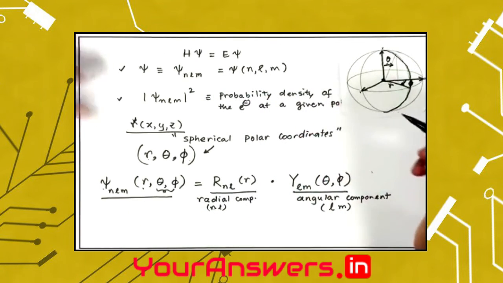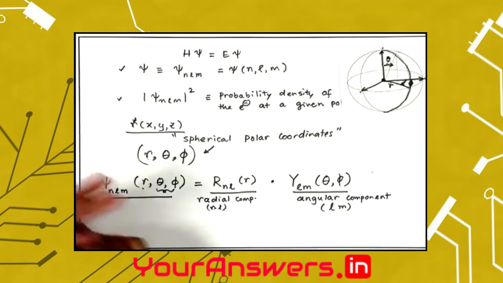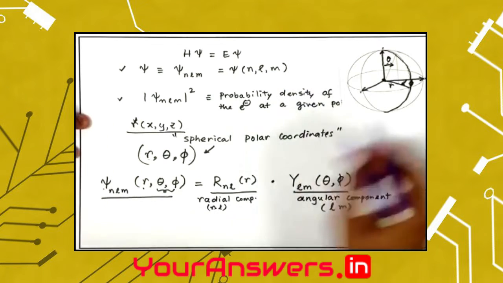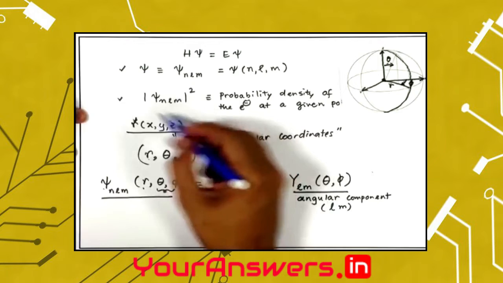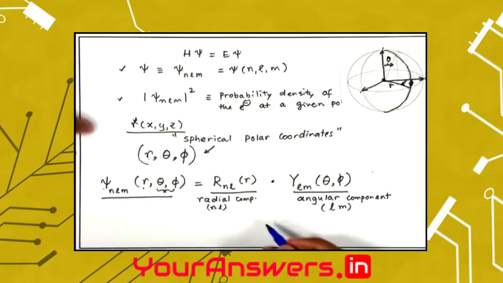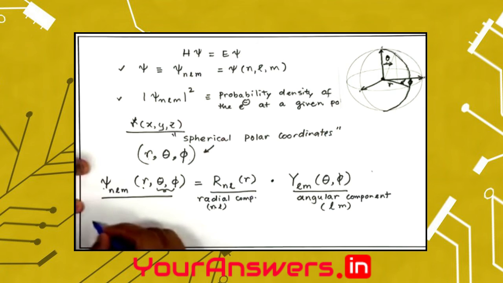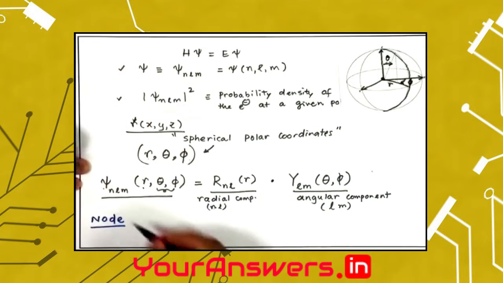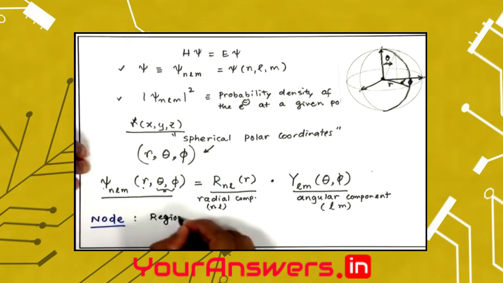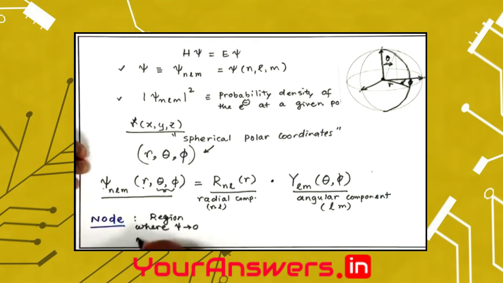There is a special term that we would need here, while the orbital, the square of the wave function tells you the probability density. When the wave function is 0, sometimes there are some regions in space where your wave function is 0 and therefore, the probability vanishes.